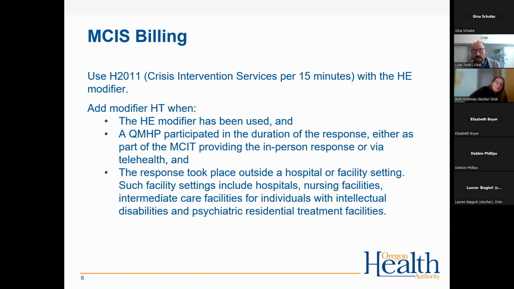So again, really this comes down to if you have a QMHP available on call. If you have a QMHP available on call, and that QMHP engages, you then have a 3-person team, as opposed to a 2-person team.